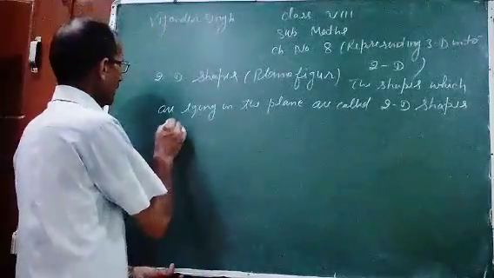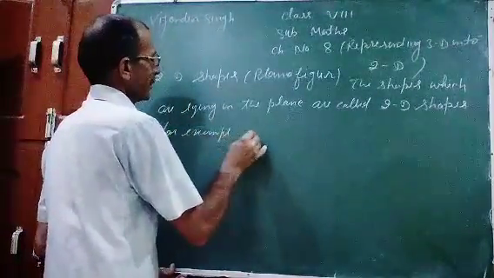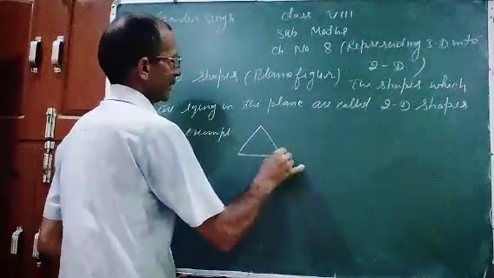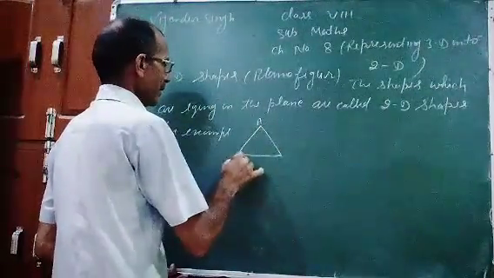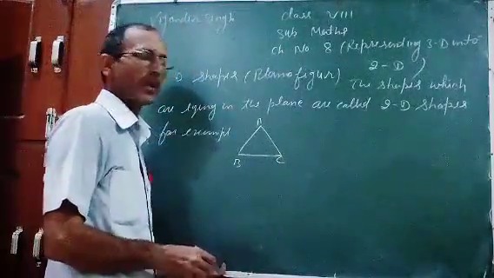For example, triangle. ABC is a triangle, so this is a plane figure or a 2D shape.